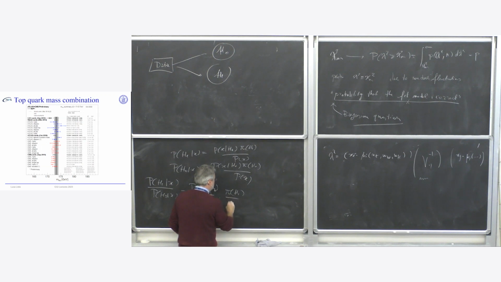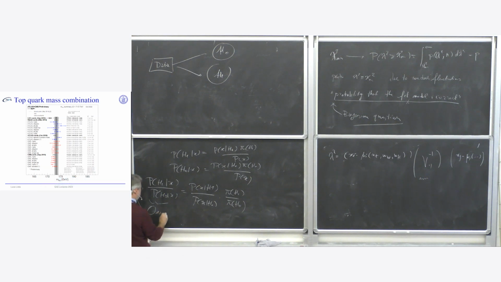Or in other words, since the ratio of probabilities is often called odds, this is called the odds of, let's say, 1 over 0, and this is equal to the likelihood ratio times the odds due to the prior PDF.